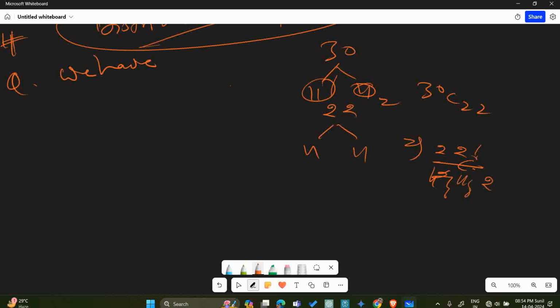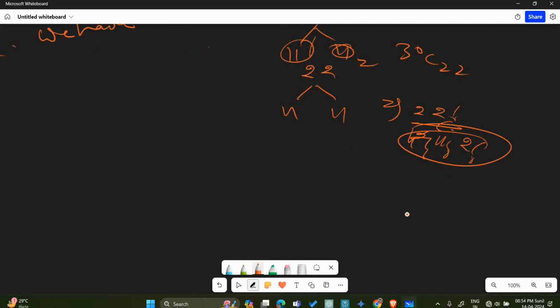Partially specified, so it will be 30C22 into 22 factorial upon 11 factorial, 11 factorial into 2 factorial, like that.